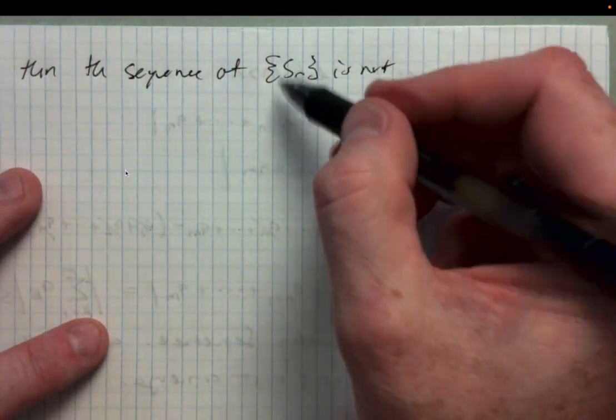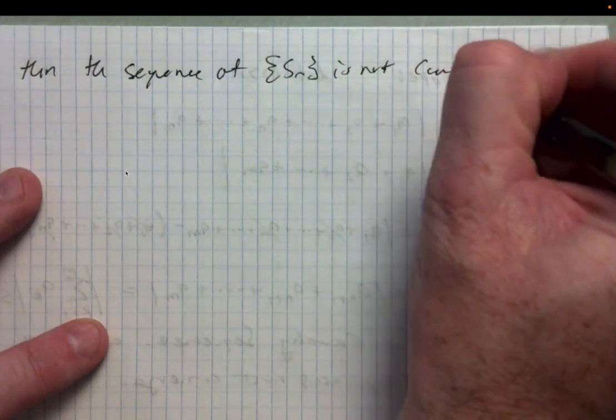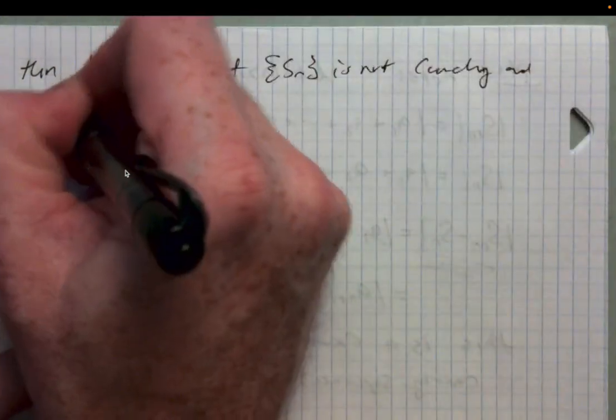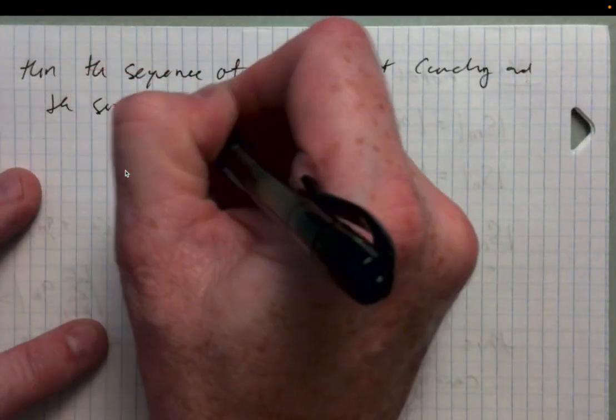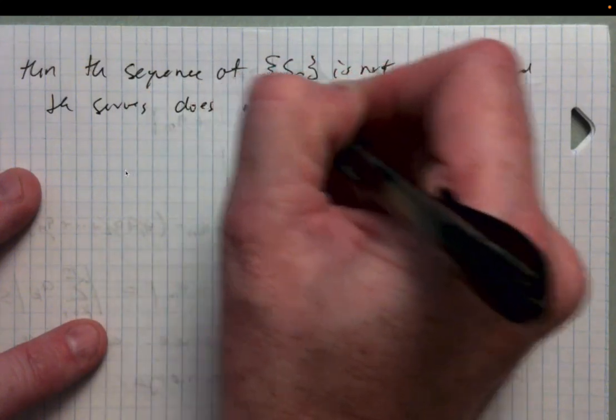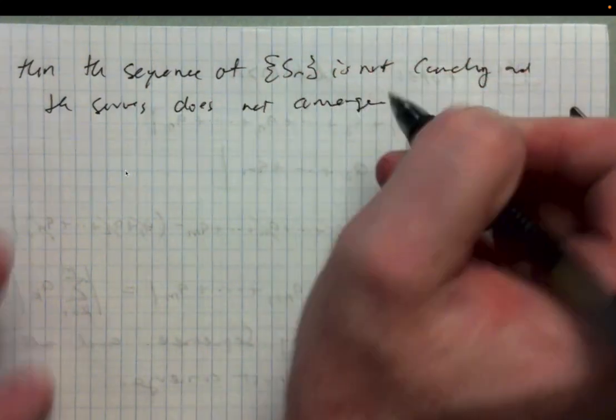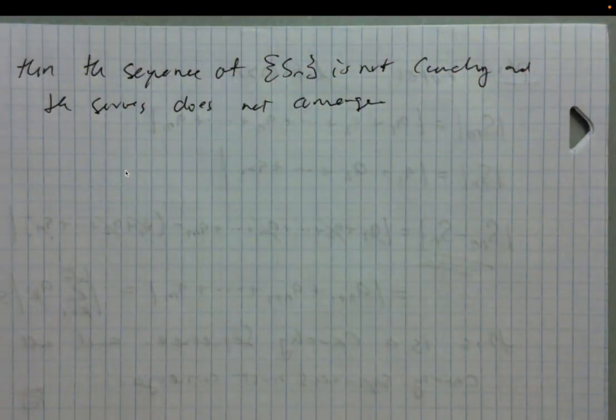So the sequence of nth partial sums is not Cauchy, and the series does not converge. Okay, so it's a very clever way to show this, right? In order for the series to converge, the sequence of nth partial sums has to be Cauchy, and these are not.